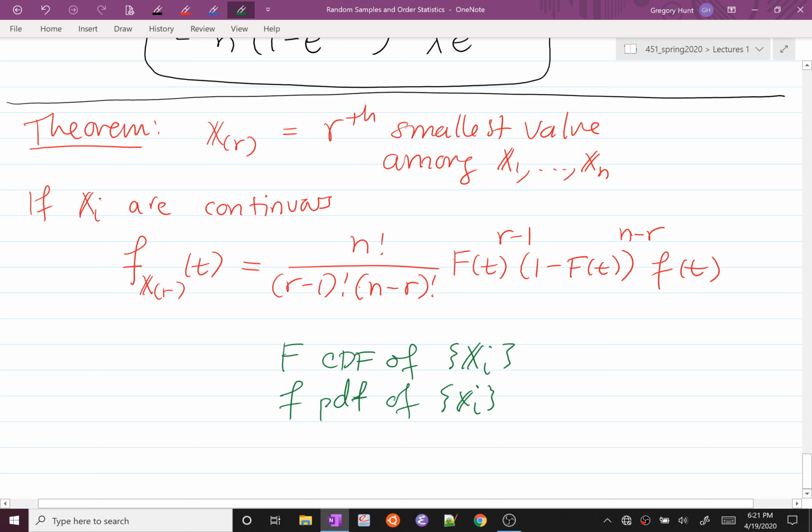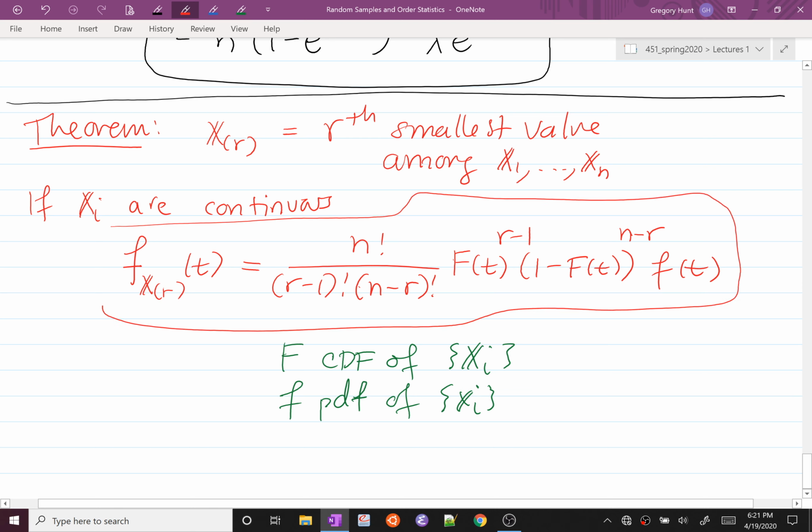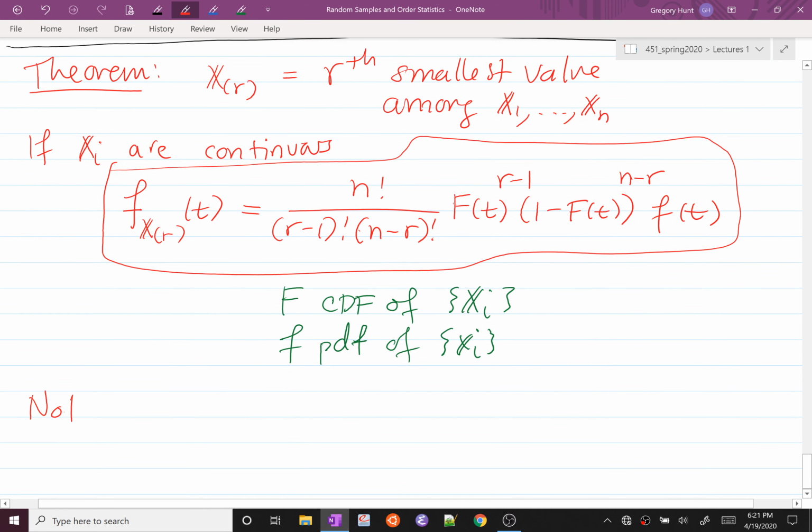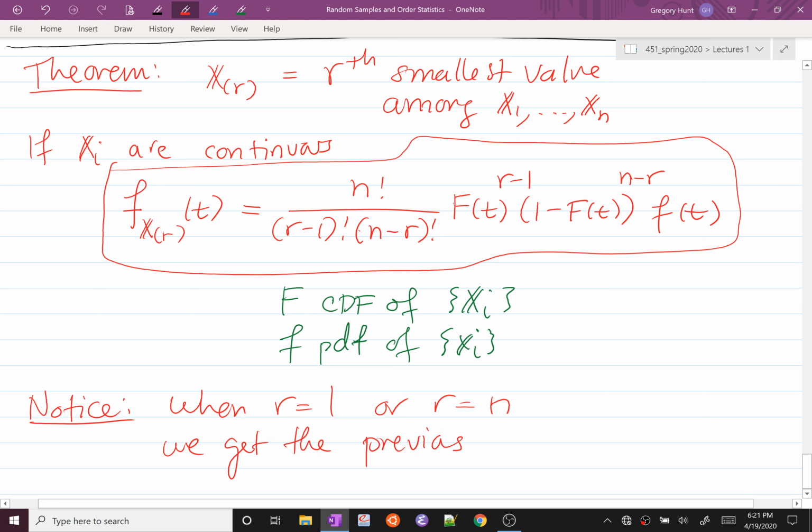Otherwise, I think it's pretty well defined here. Not obvious why that's the answer. But notice that when r is equal to 1 or r is equal to n, that is, when we're looking at the minimum or the maximum, we get the previous formula for the PDFs of the min and the max.